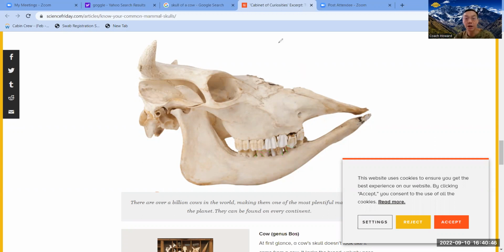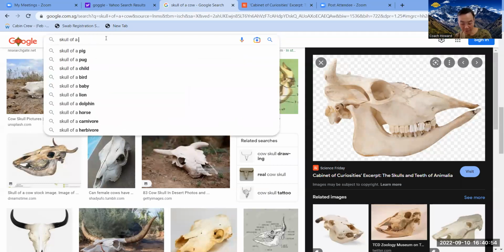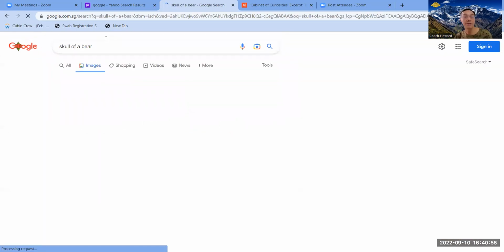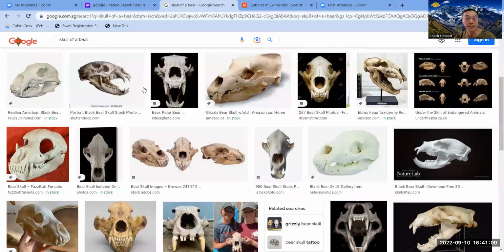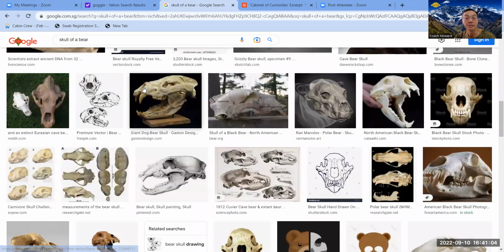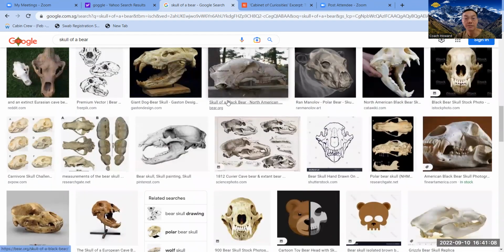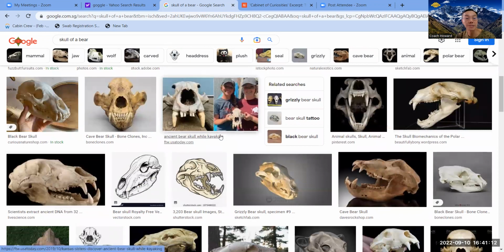Okay, let's see an omnivore. So as you know, omnivores are like the example of a bear. A bear is an omnivore. So you see the skull of a bear. So you can use these internet skills as I coach you to develop some ideas on how to search on the internet for the different types of skulls.